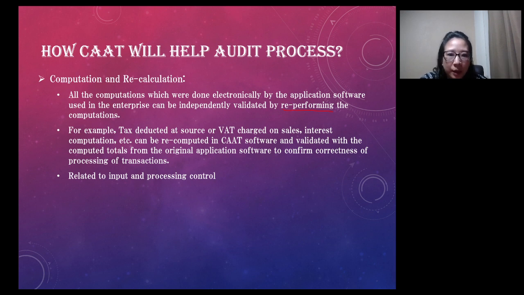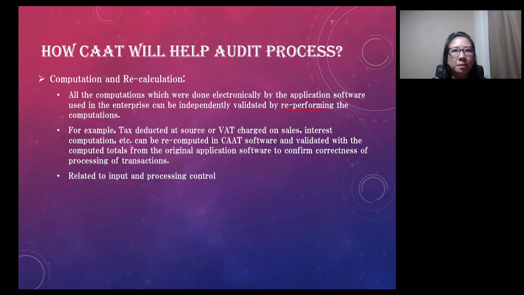The example here is the tax calculation. The CAAT tools will help us, so we can put in the logic of the tax calculation, and then the CAAT tools will show us whether the result processed in the current application and in our CAAT tools is the same or not.